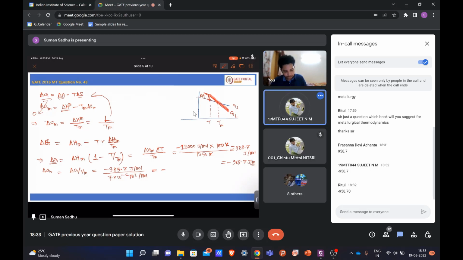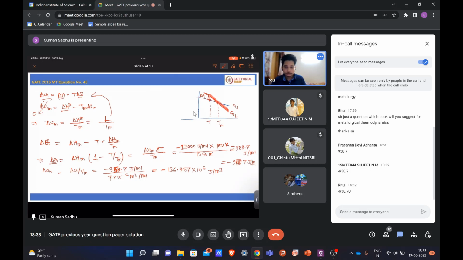Minus, oh sorry, thank you for correcting, 958.7 divided by 7 into 10 to the power minus 6. So how much is it coming? Minus 136.957, right? Into 10 to the power 6 joule per meter cube.